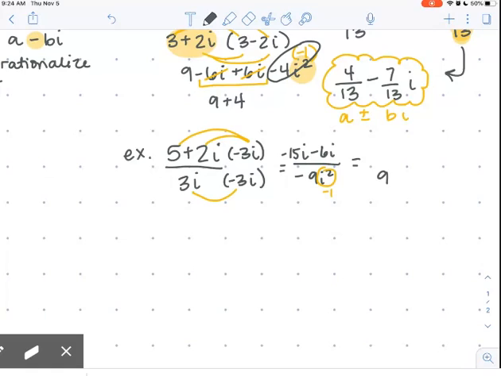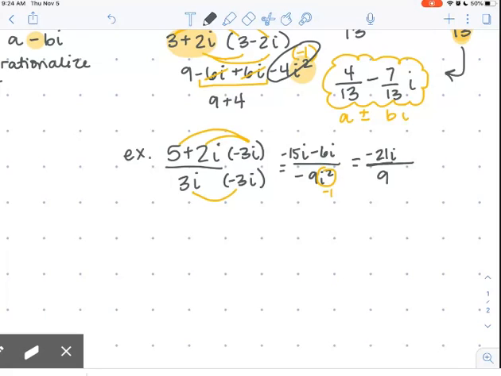And so I would get negative 21i over 9. If that was a positive 3, we would end up with negative 9 on the bottom and a positive 21. So it wouldn't really matter if I multiplied by a positive 3i or a negative 3i.